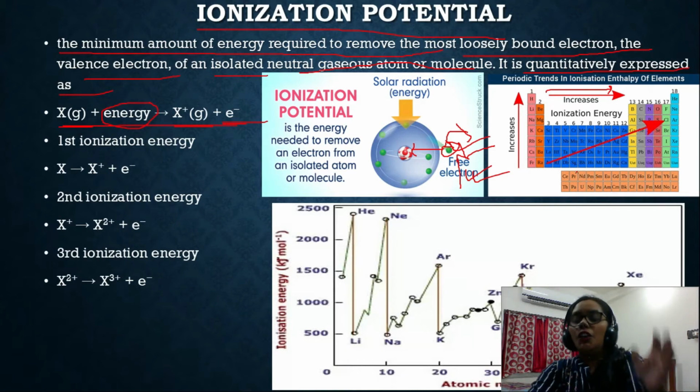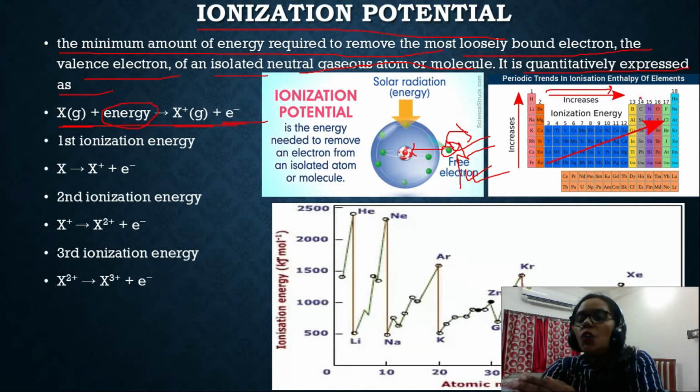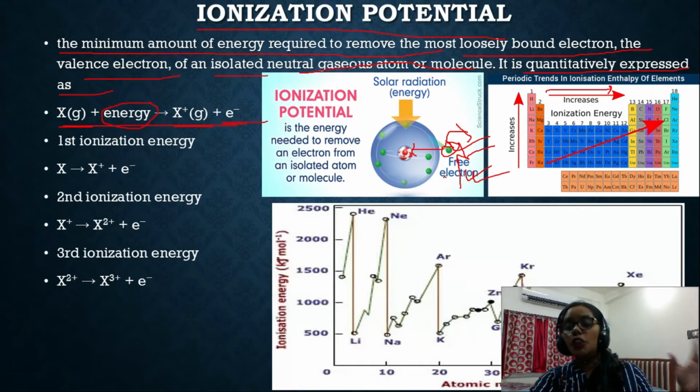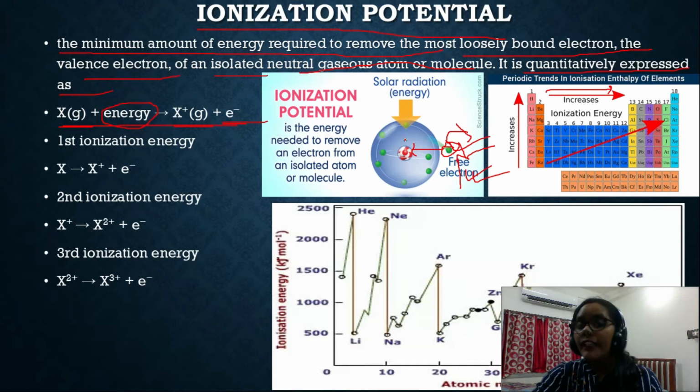Because we all know that if we go from left to right along the period, the size becomes smaller, right? So if the size is smaller, the outermost orbital electron will be bound by the nucleus more strongly.